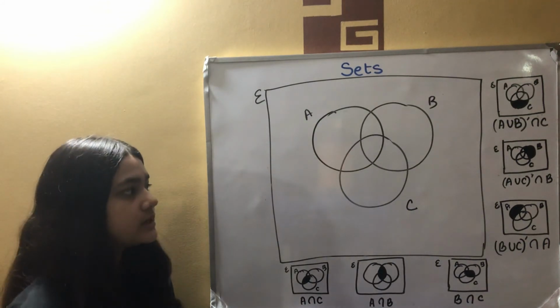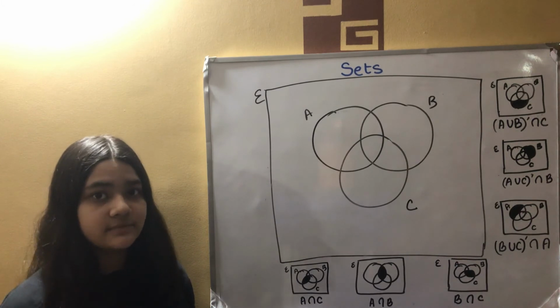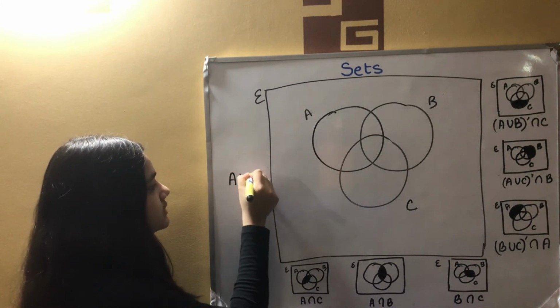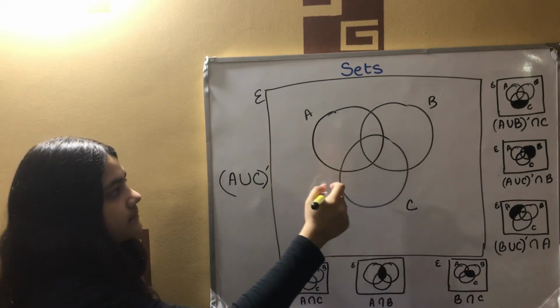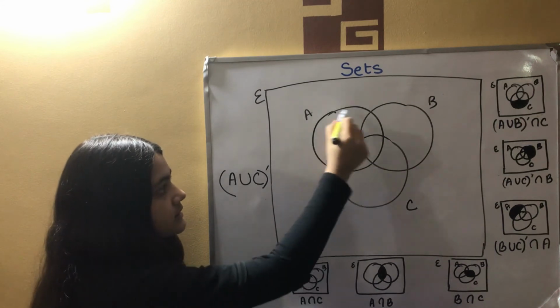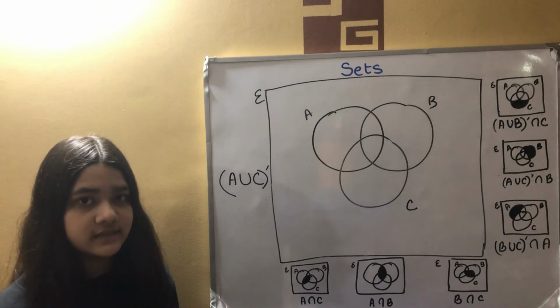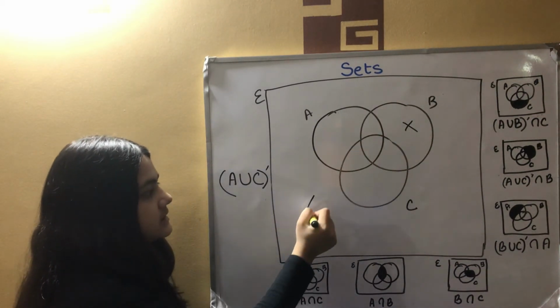And the next one is complement of A union C, intersection B. The complement of A union C. In this Venn diagram, this part and this part is the union of A and C. So the complement is this part and this part.